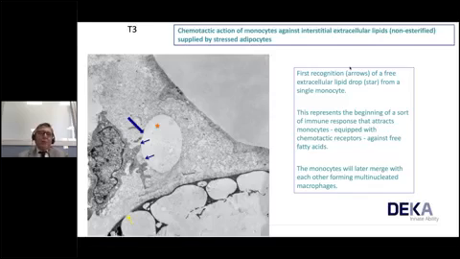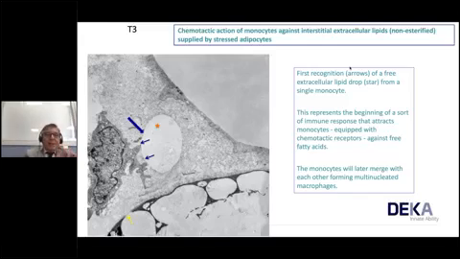adipocytes. You see that we have the first recognition of a free extracellular lipid drop, with the orange star, by a single monocyte. Our body is capable to deliver a chemical signal that is called find me.